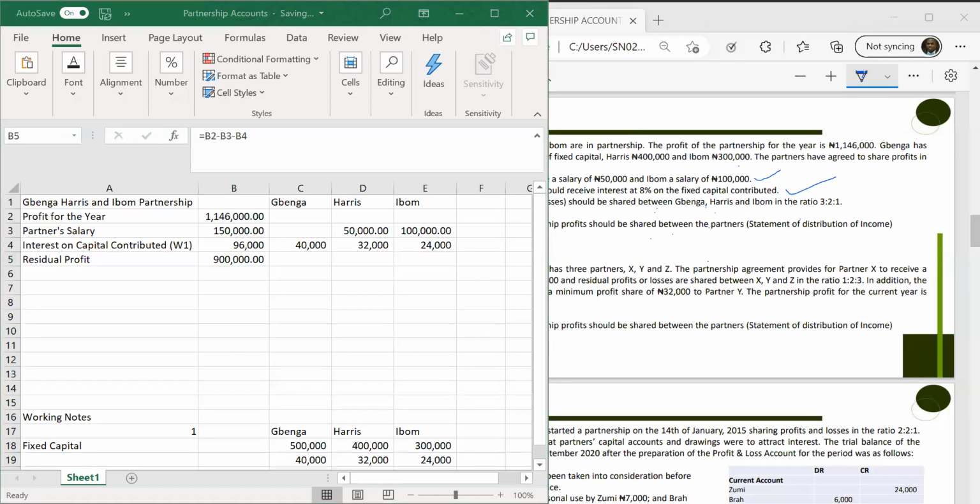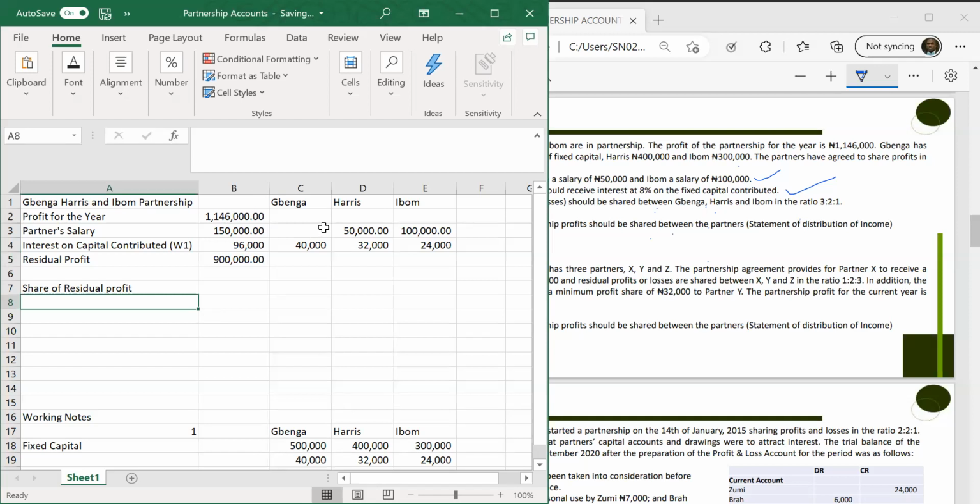That will be what? The next question. How do we share this 900,000? Share of residual profit. We have said our residual profit is what? 900,000. So how do we share 900,000?